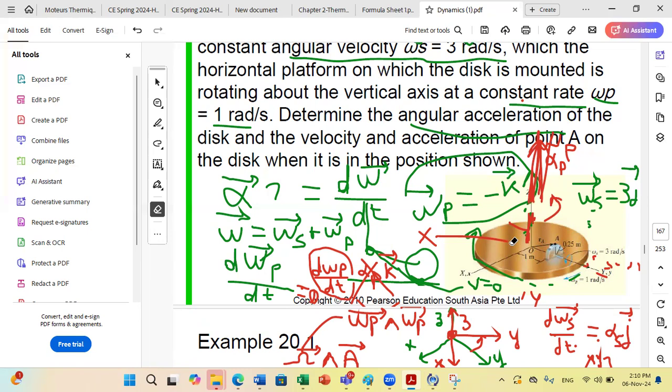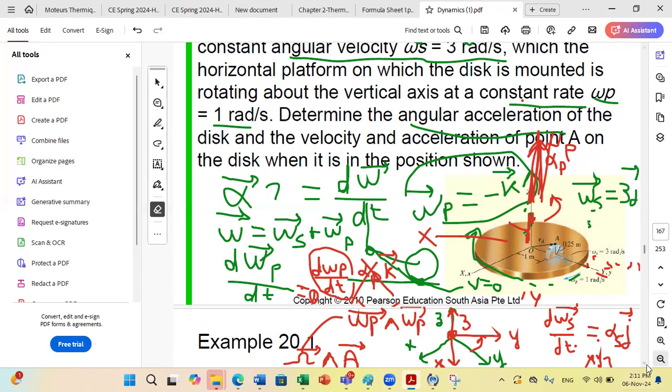Now, what is the relation that I can use? I can use the same relation as we said in chapter 16: velocity of A is equal to velocity of O plus omega, but pay attention, which omega do I use here? Omega of the rigid body, the total omega, which is omega S plus omega P, vectorial OA.